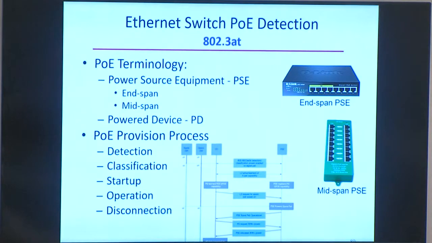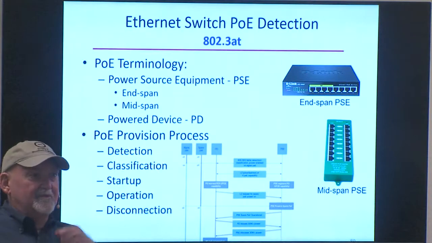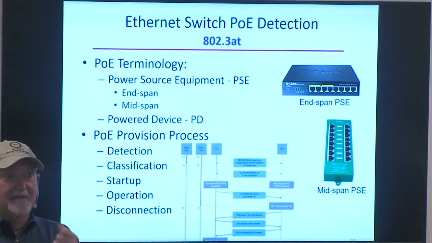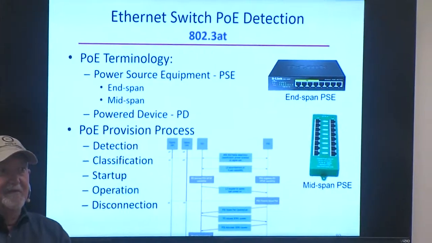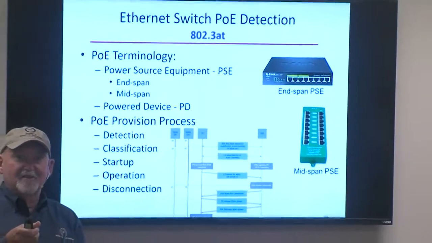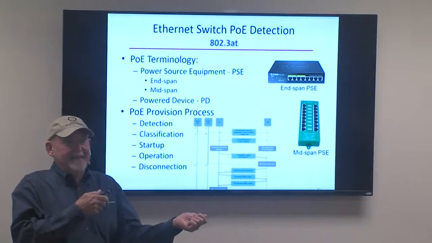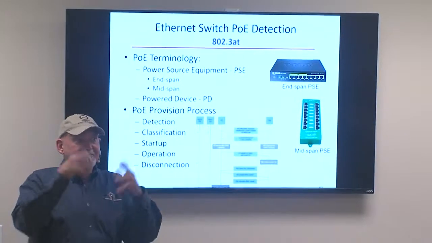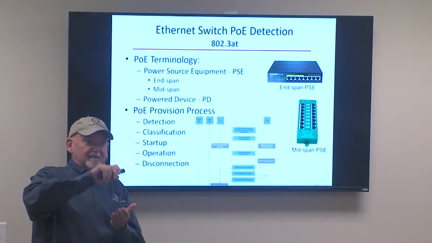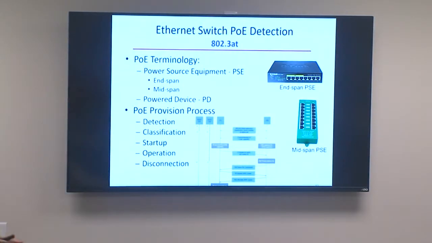And again, this fairly complex algorithm with time factors does the detection and the classification. Even the startup. You don't just turn the DC on like a switch. It actually ramps the voltage up, because just turning the switch on could put a spike in the data, which would in turn corrupt it.